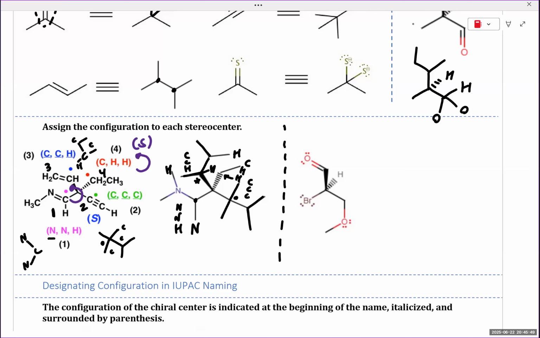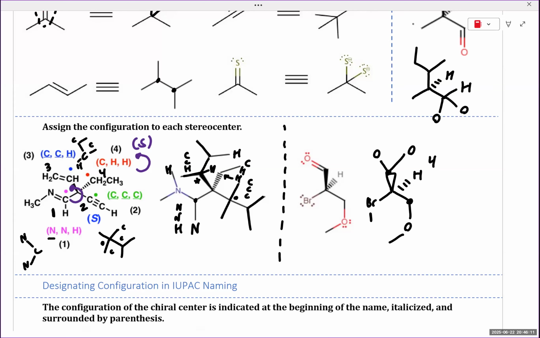Okay, so first things first, I'm going to take this molecule and expand out this carbon-oxygen double bond just to make it easier for me to assign configuration. In terms of atomic number, bromine is highest priority, hydrogen's lowest priority.